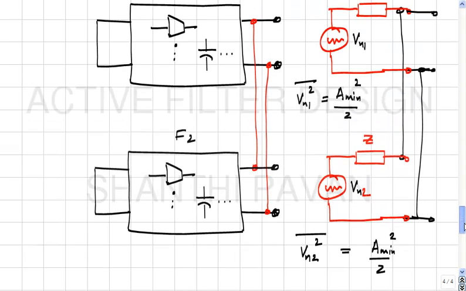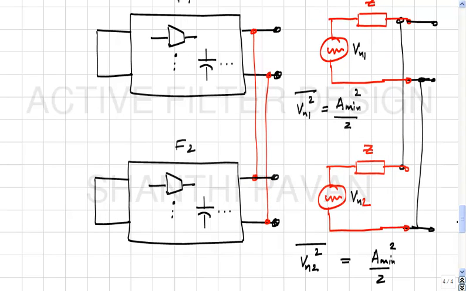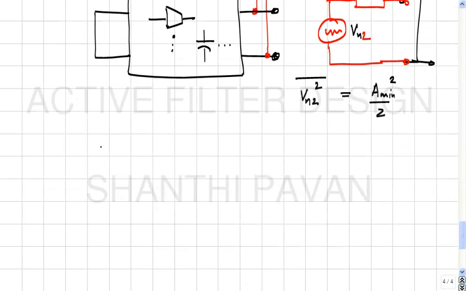So what is the output? If I now join these two filters together in this fashion and put a voltmeter across the two in parallel, what voltage will I measure in terms of Vn1 and Vn2? No, please look carefully. This is F1.